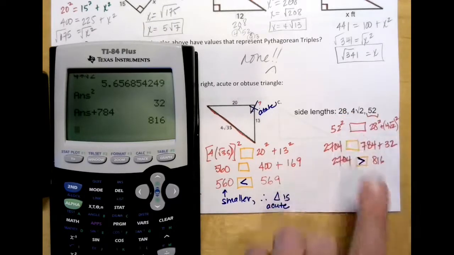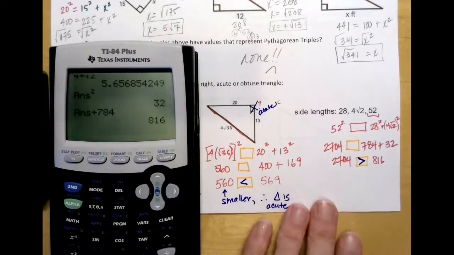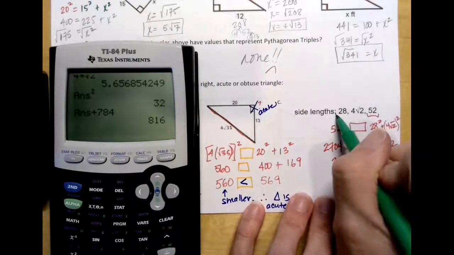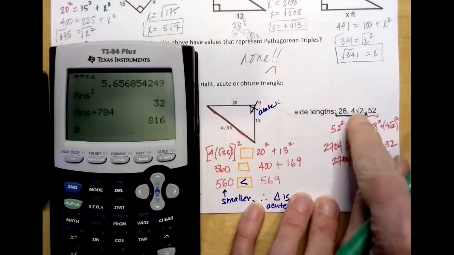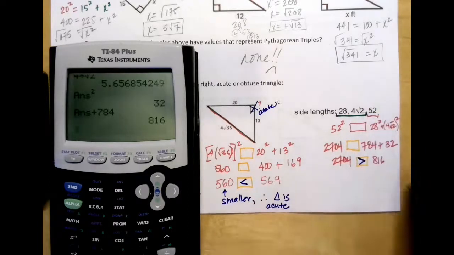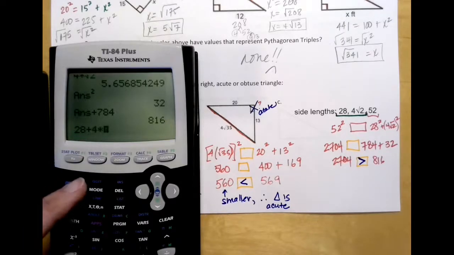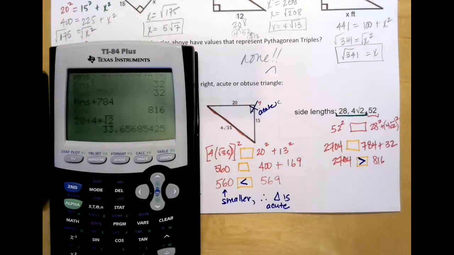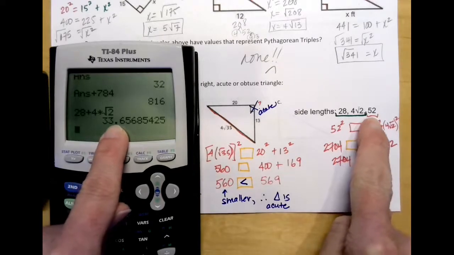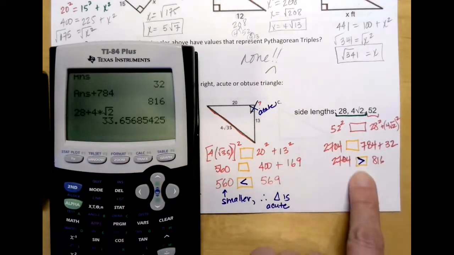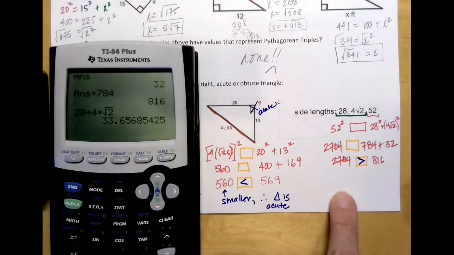So what I need to do here is go back to that other lesson and think about, is the sum of my two smaller sides bigger than this side? When I add 28 plus 4 times the square root of 2, I don't even get 50. And I need 52. So we're tempted to say this is an obtuse triangle, but guess what?